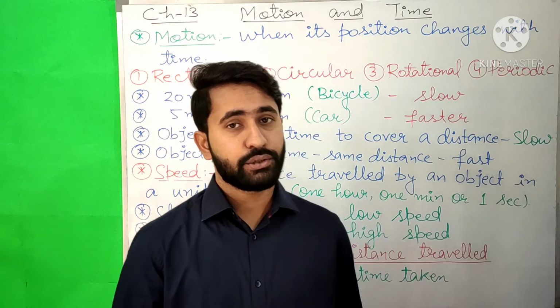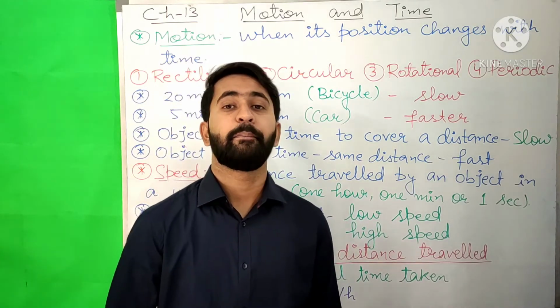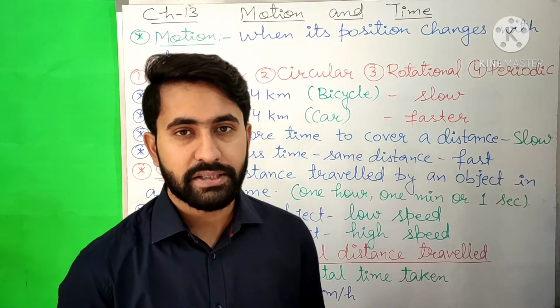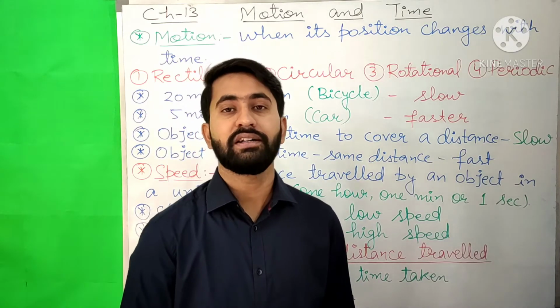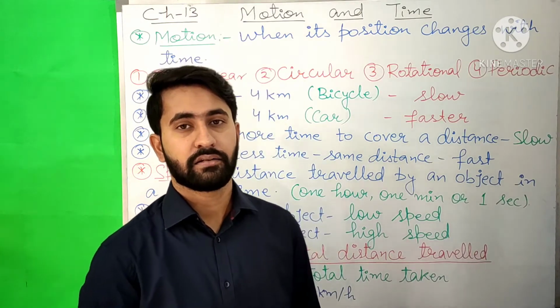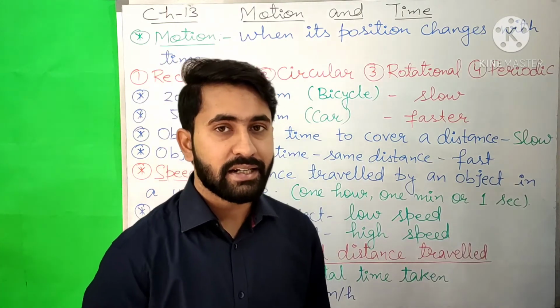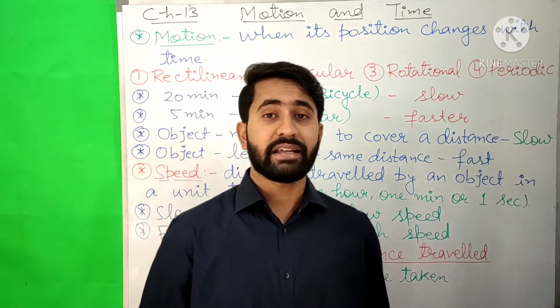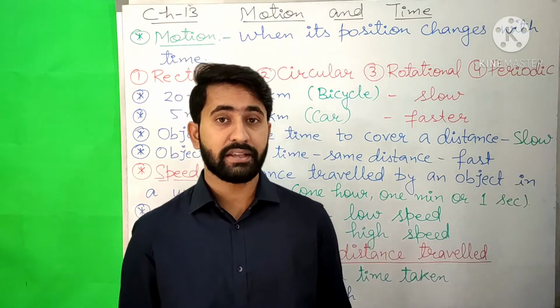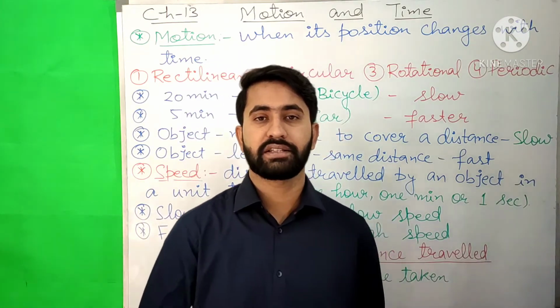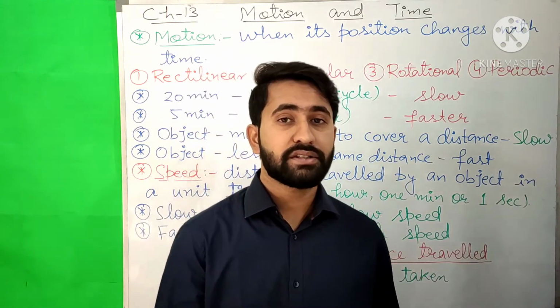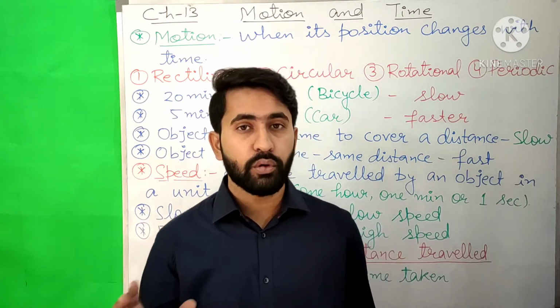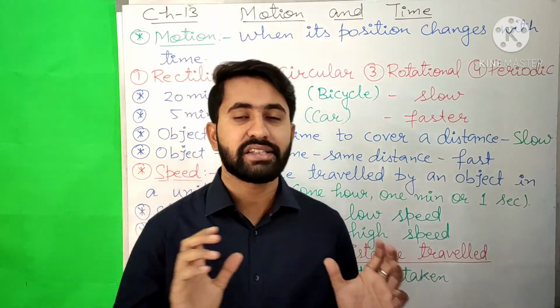There are various units of speed like meter per minute, meter per second, kilometer per hour, centimeter per second, and the standard unit of speed is meter per second. And if we have to compare the speed of two objects, then we must know the speed of both the objects in the same unit.